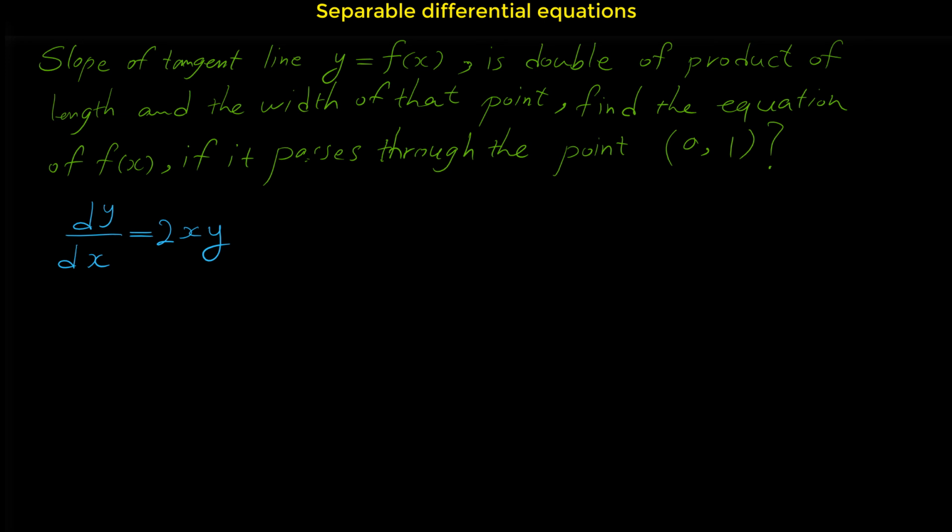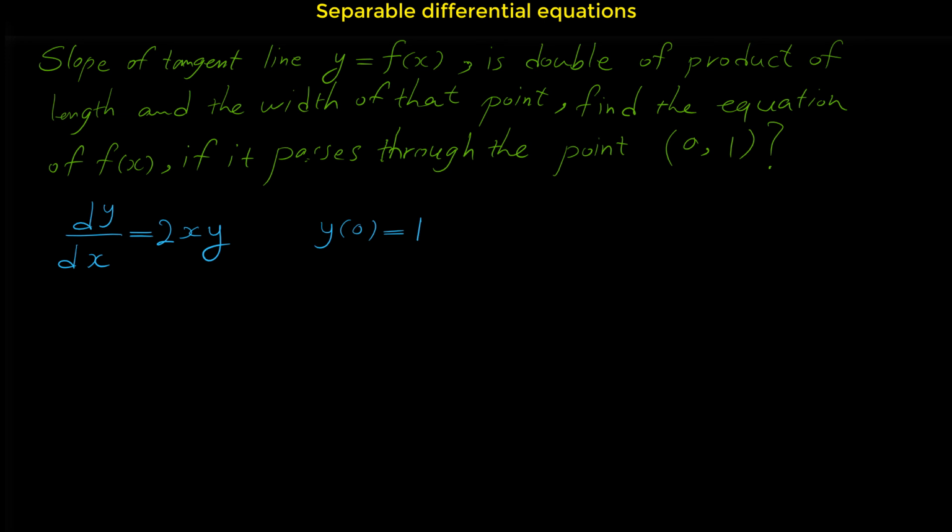Also, we know that the solution of this differential equation passes through this point. When x is 0, y is 1, which means that y of 0 is 1. Note that this differential equation can be written in the form of a separable differential equation.